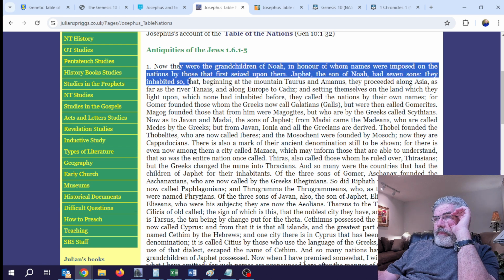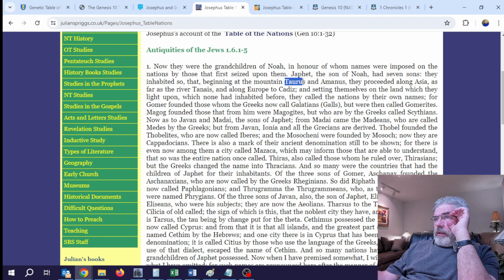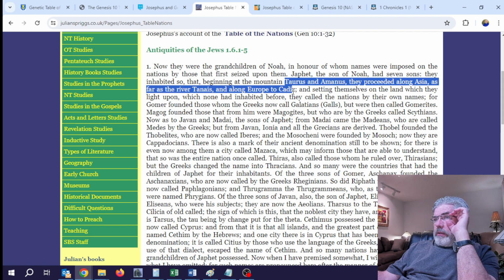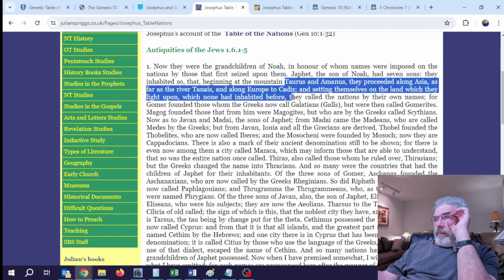They inhabited so that beginning at the mountain Taurus and Amanus. Now, the Taurus and Amanus mountains, they proceeded along Asia as far as the river Tanais, along Europe to Cadiz. You can go look up all these ancient geographical locations, in setting themselves in the land which they light upon, which none had inhabited before.